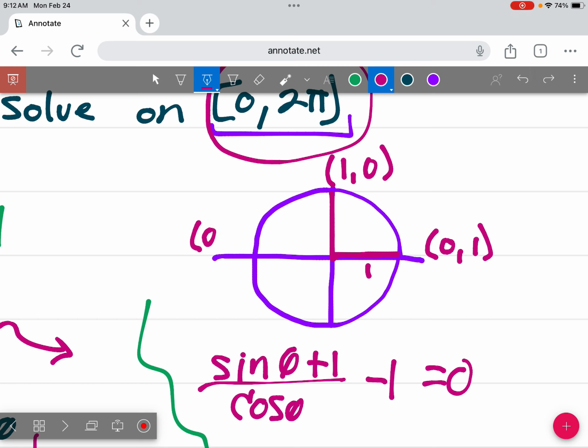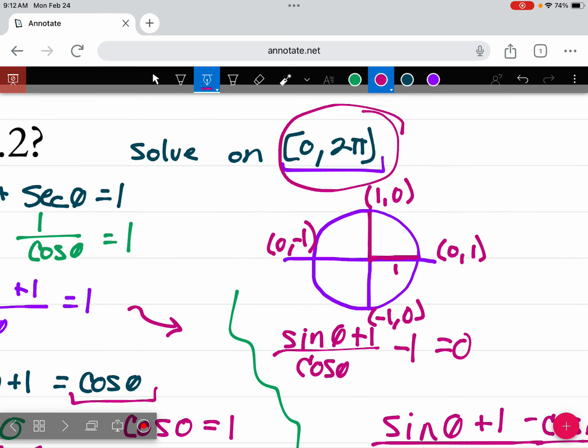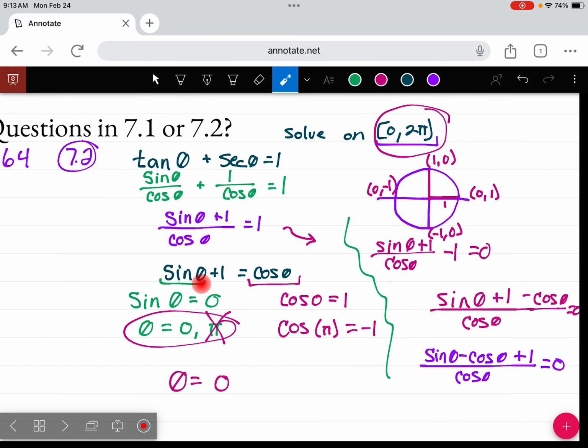I'm good at writing things. And our negative 1, 0. I never have a time when cosine could equal something bigger than 1. Cosine has to equal 1 here. I don't have any time when cosine's bigger. So sine has to be 0, cosine has to be 1. It's the only way that this makes any sense here.